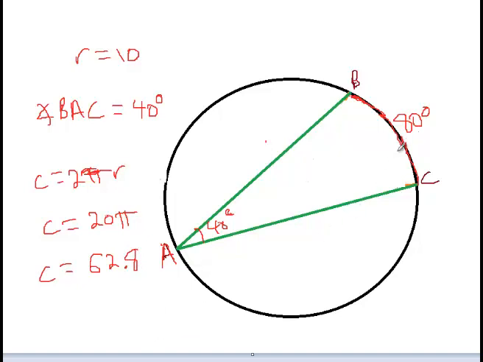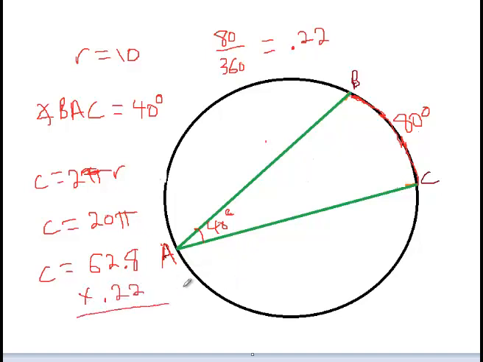What percentage of the entire circle does it take up? Well, it takes up 80 out of 360. In terms of a percentage, I'm just doing it on my calculator here, 80 into 360 is 22.2%. Really it's 0.22 repeating. So in order to convert this, I just have to multiply by 22%, or multiply by 0.22 repeating.